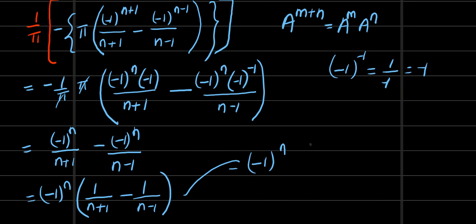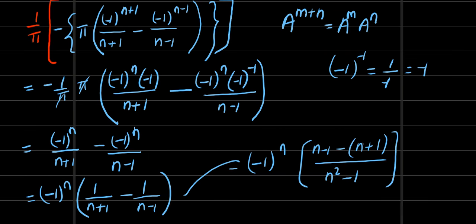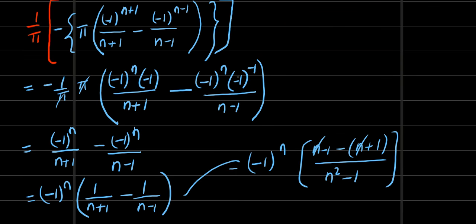We can take LCM. That gives me n square minus 1. I hope you're good in algebra. Yeah, so these things will get cancelled. Write the final answer. a_n is equal to minus 2. What will we get? 2 into minus 1 the whole power n plus 1 the whole divided by n square minus 1.